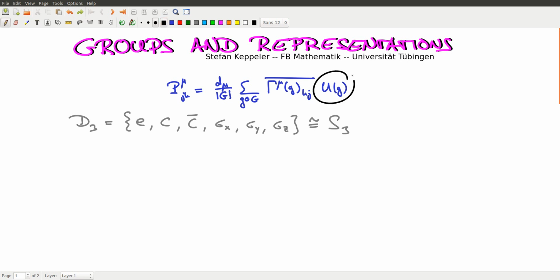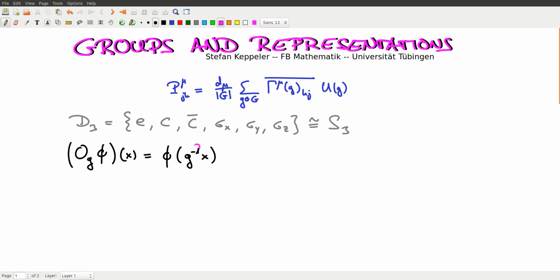And as representation here, we choose these O operators, these OG operators acting on, say, functions in the plane. If you evaluate the result at x, then this was just the function evaluated at G inverse times x.